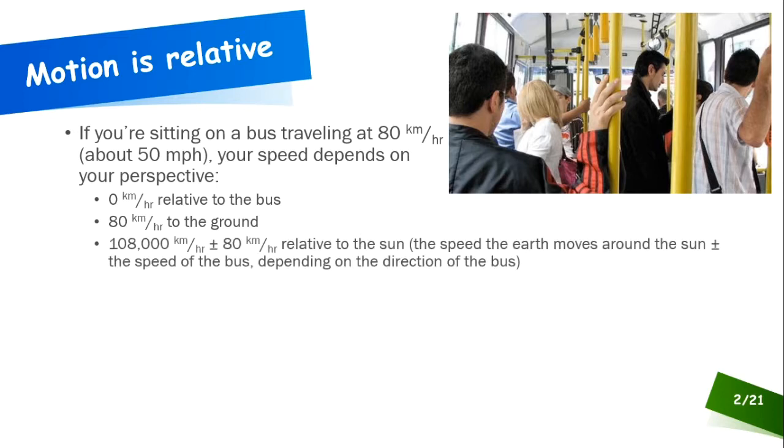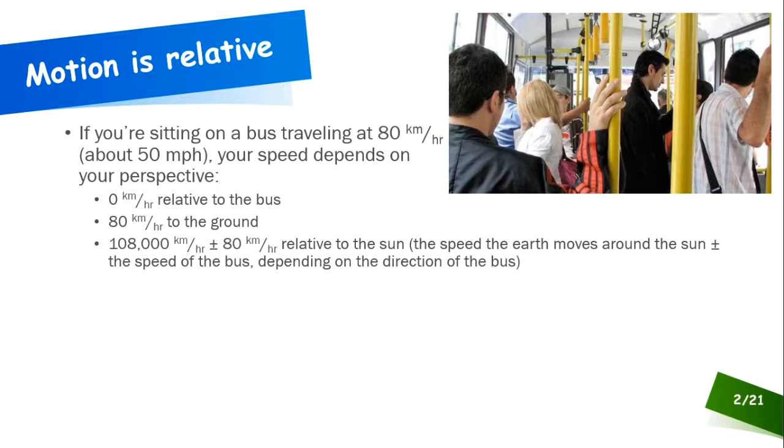If you're looking from the perspective of someone standing on the surface of the sun, never mind the fact that someone would actually get burned up, not even getting close to the surface, let alone being on the surface. Okay, so you can see that the speed at which you're traveling is going to be a lot greater.